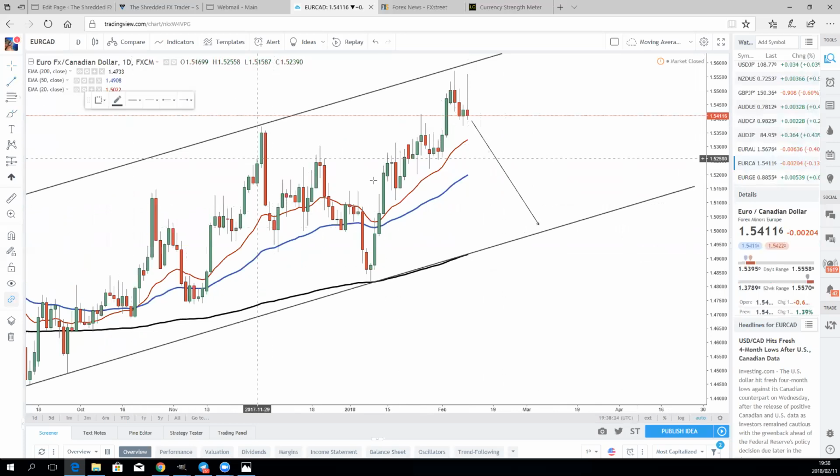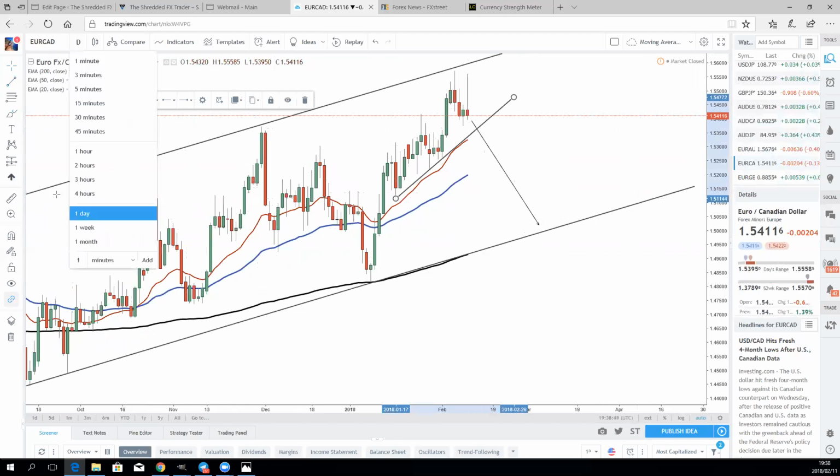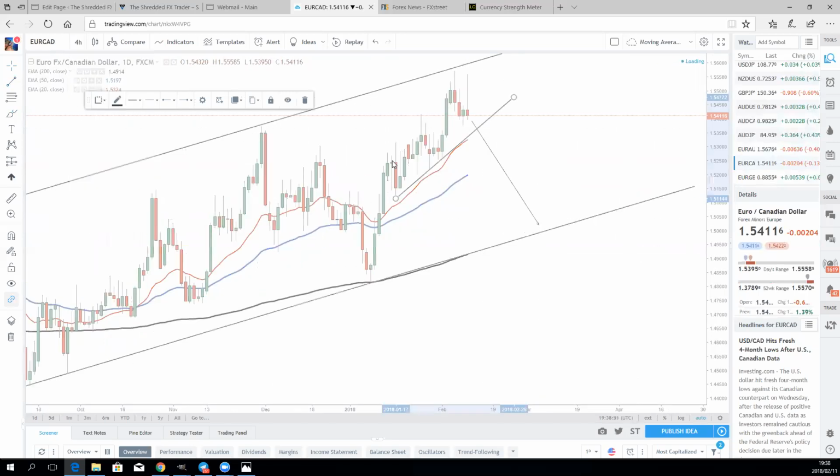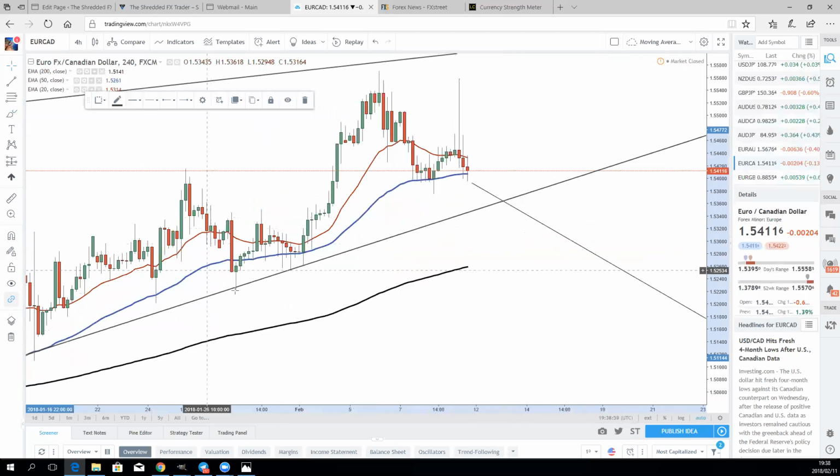Alternatively, you want to look at your support levels. This is where I'll be looking for a short. Break below here, small pullback, and then we go short. You can see we've tested it 1, 2, 3, 4 times. Okay.